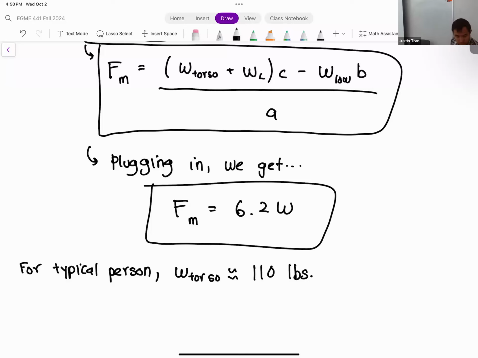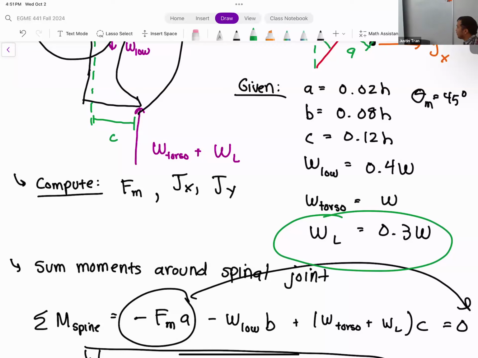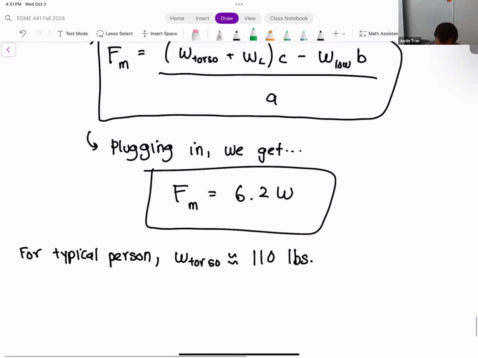And so if our torso is 110 pounds, remember what we assumed in this problem was that the exterior load has a weight that's about 0.3 times your torso weight. Okay. So WL is going to be around maybe 30, 35 pounds.